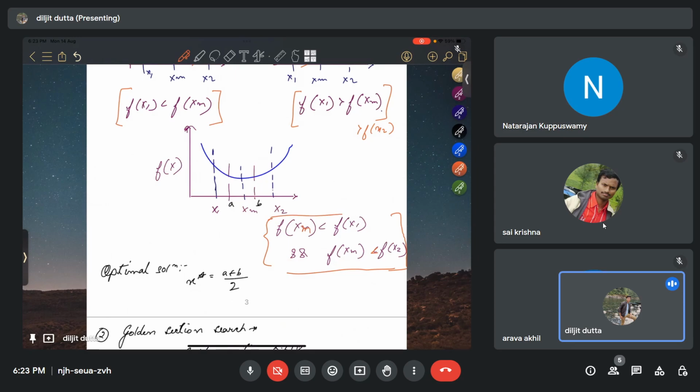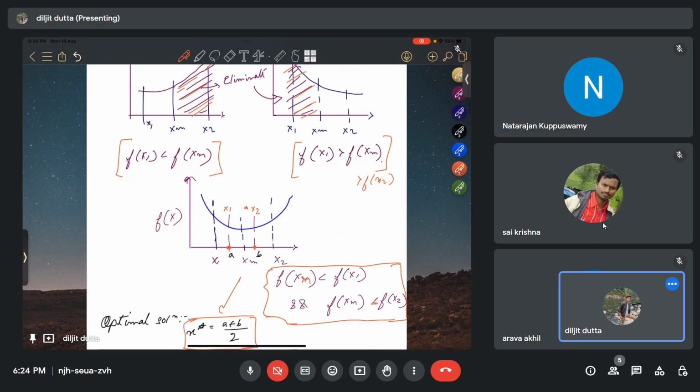Till both these conditions are satisfied, we will carry out the iterations. The optimal solution finally will be whatever we get. Suppose we finally get these points, x1 is a and x2 is b. Then the optimal solution will be available at a plus b by 2, that is the midpoint of these two points.